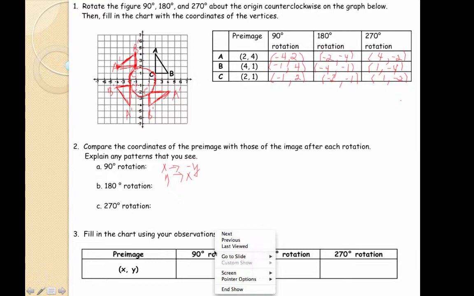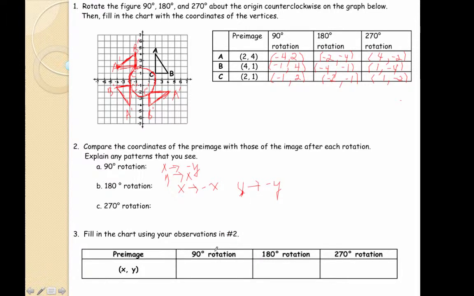So we take what the y used to be, 4, and we do negative 4, and that's our new x. We take what the x used to be, 2, and that's our new y. In the 180-degree rotation, we went from 2 to negative 2 and 4 to negative 4. So it was just that x went to negative x and y became negative y.